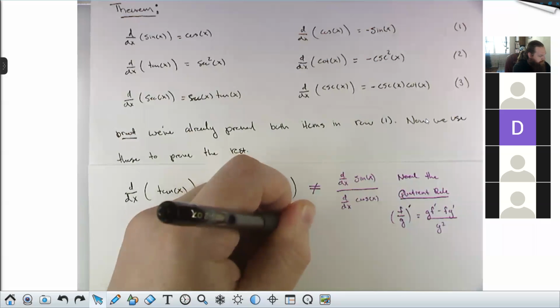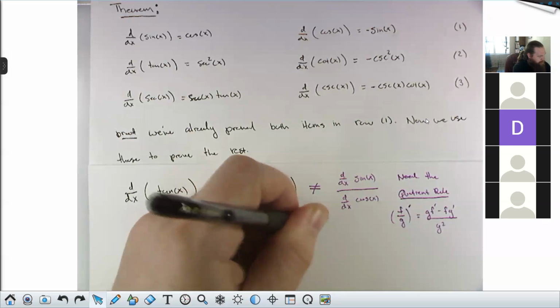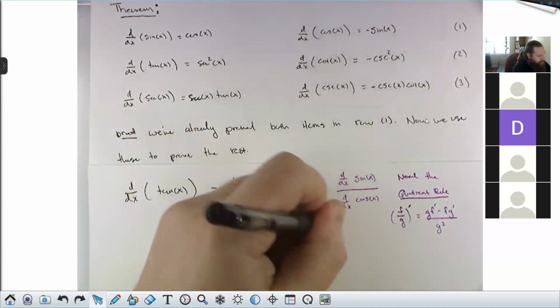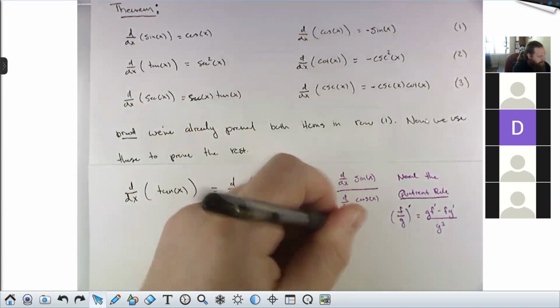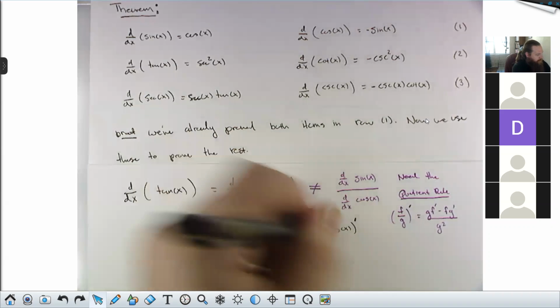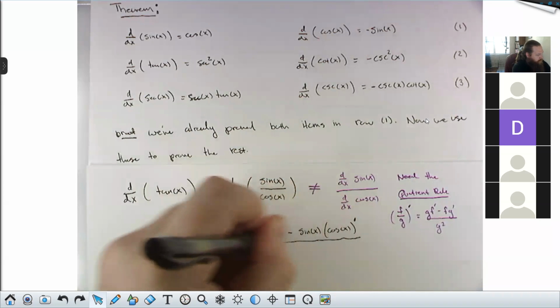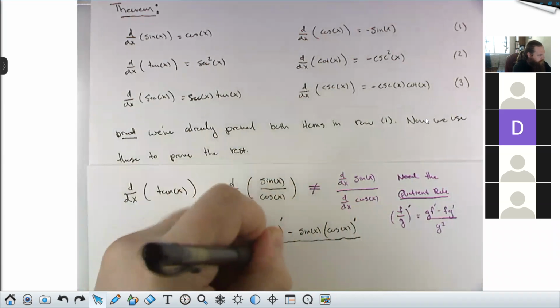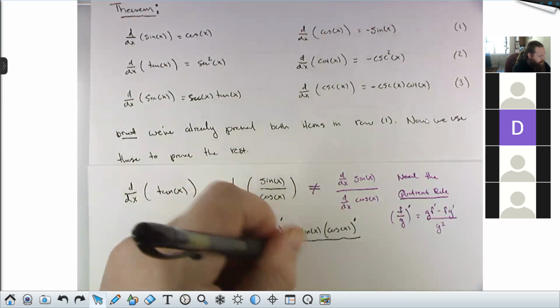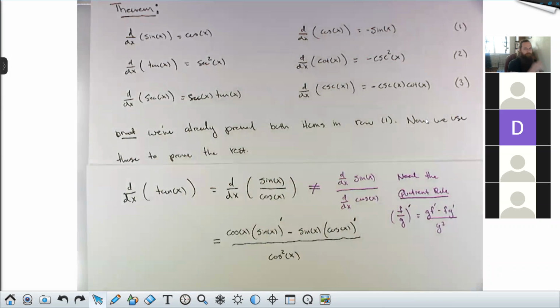Minus the top times the derivative of the bottom, all over the bottom squared. So this is how we can proceed. This works.